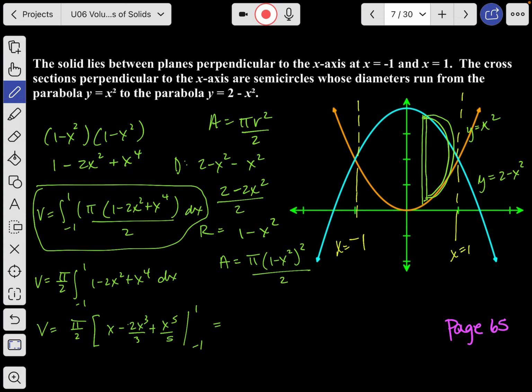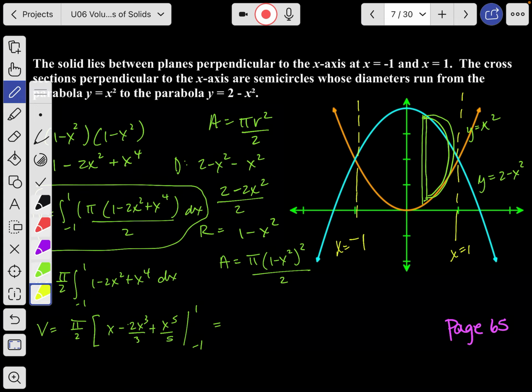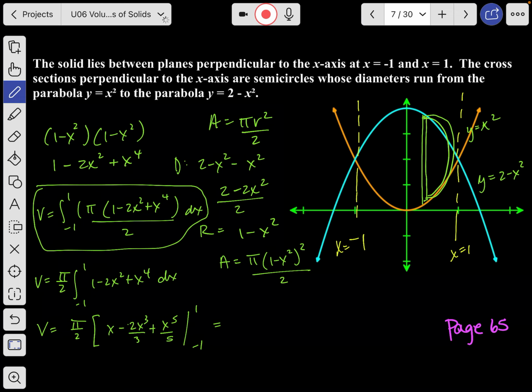I'm going to change colors just so I can see my next steps here. So this is going to be pi over 2 times 1 minus 2/3 plus 1/5, minus the value at -1. Let's see, -1 cubed is -1, so that gives plus 2/3, and then -1/5. Then I will distribute the negative and combine my like terms.